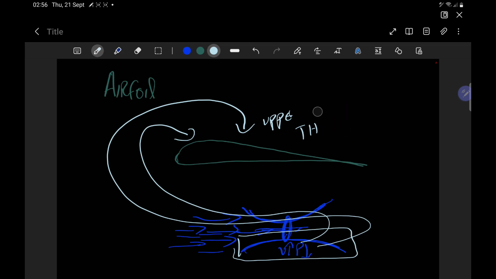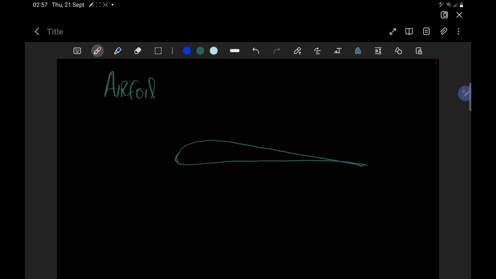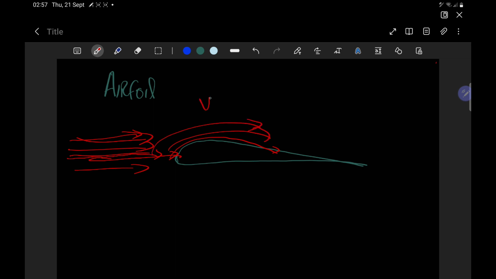Which means when the air mass or relative airflow or undisturbed airflow is striking the wing, and when it passes over the wing, the velocity of the air mass increases, the pressure decreases, and when we have a reduction in pressure, we know there is some level of suction or vacuum generation that takes place.